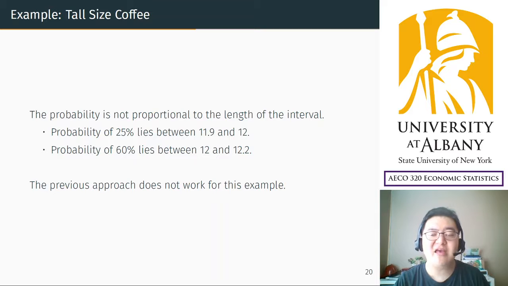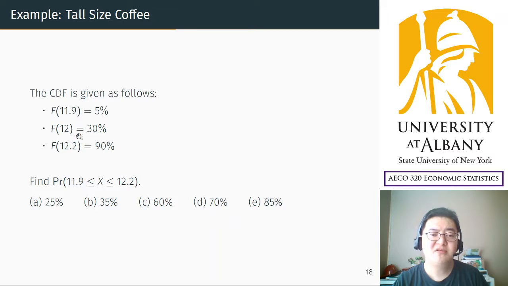Actually, the length is not an ideal way to capture the probability, because in this example, using these three numbers, you can see that the probability between 11.9 and 12 is 25%, but the probability between 12 and 12.2 is 60%.